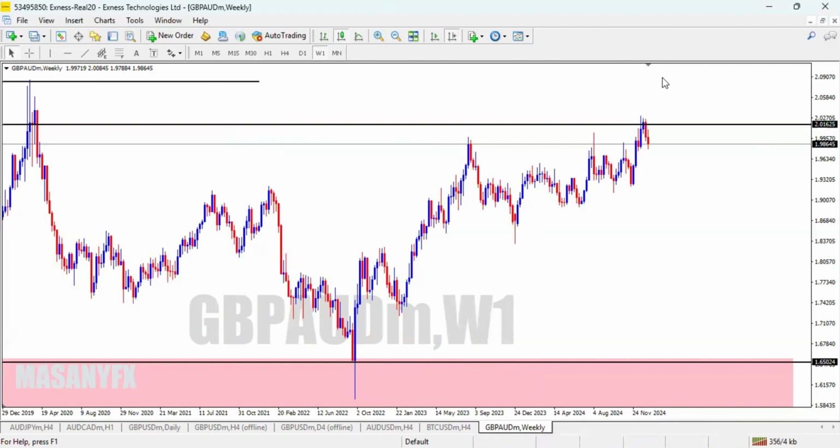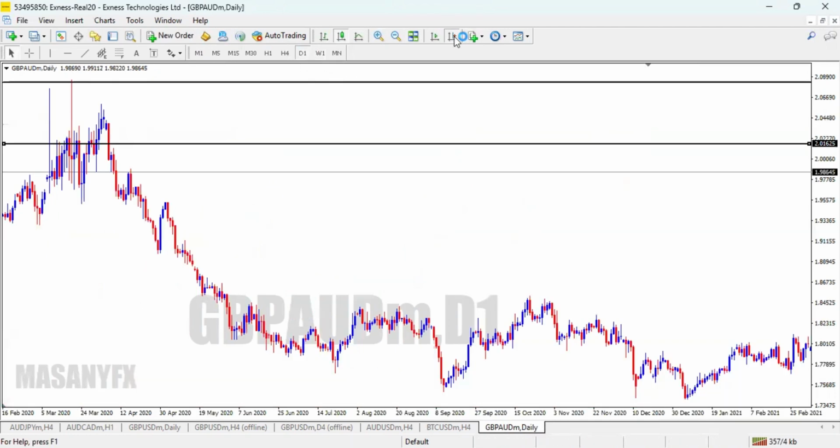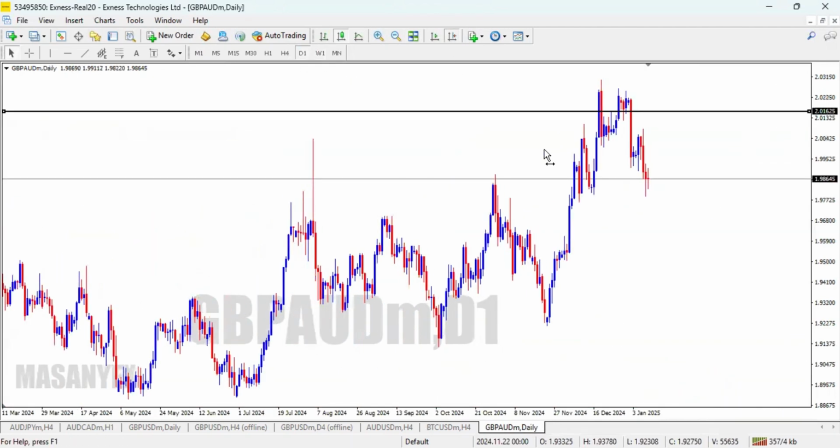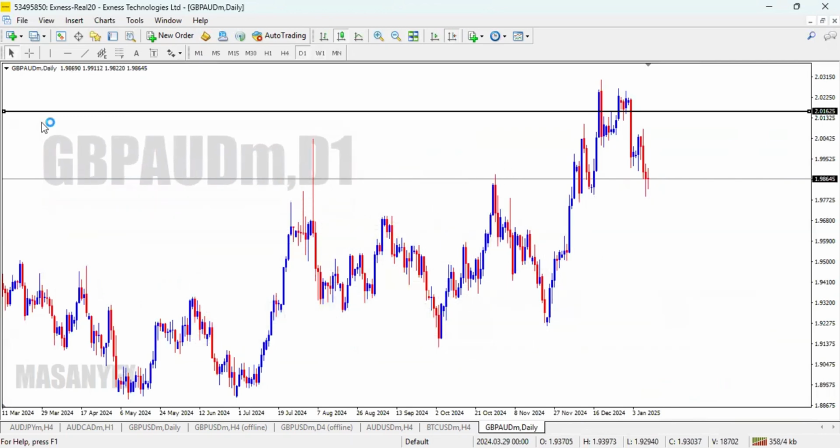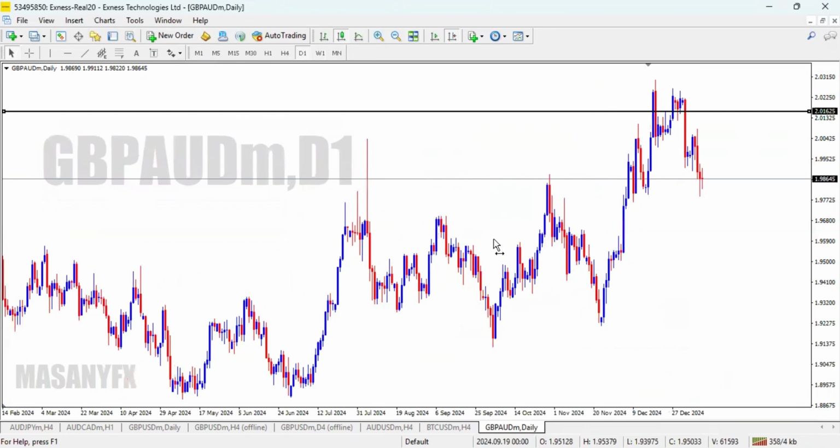The price will definitely go up and take the liquidity that is above here. So right now we need to look for buying opportunities. Let me go to daily time frame. Maybe daily time frame will tell me a better story.